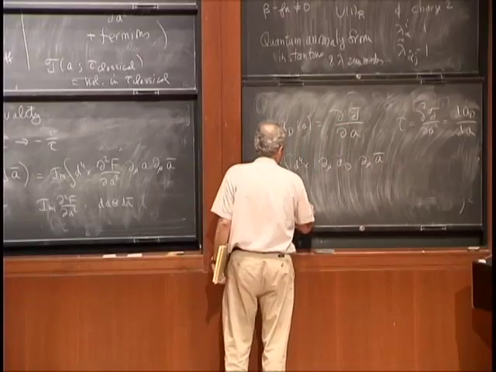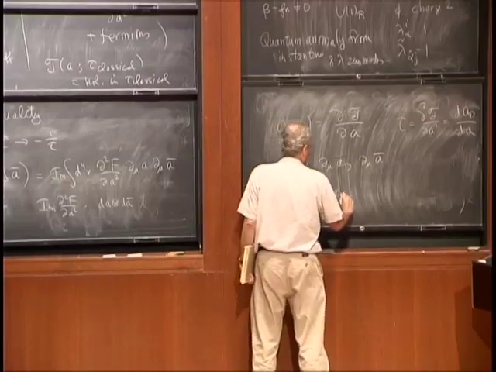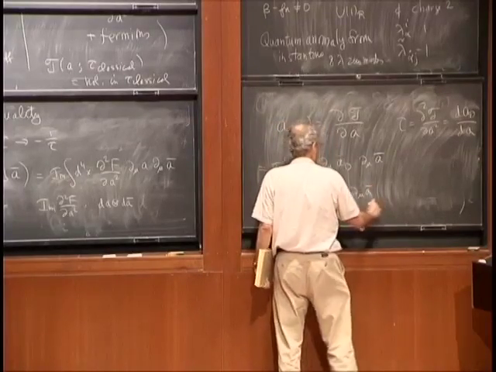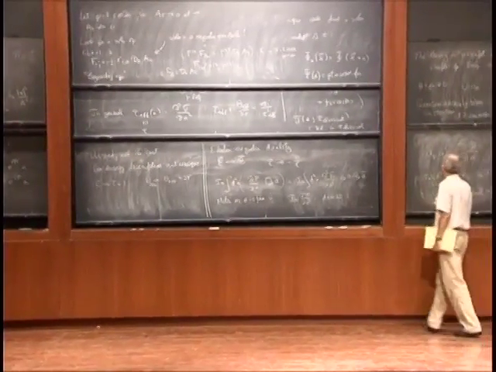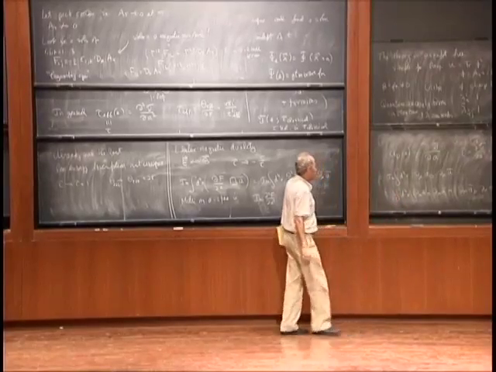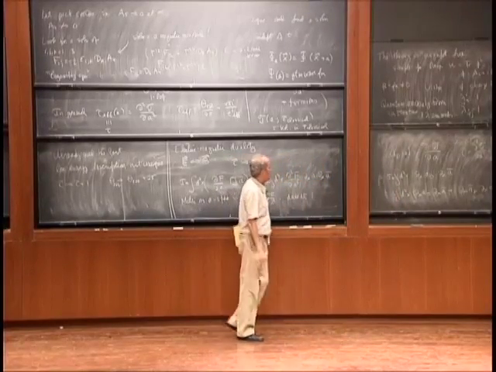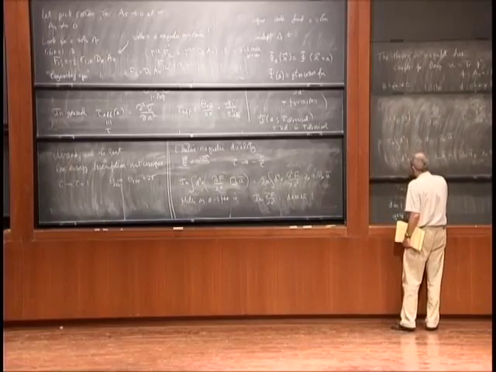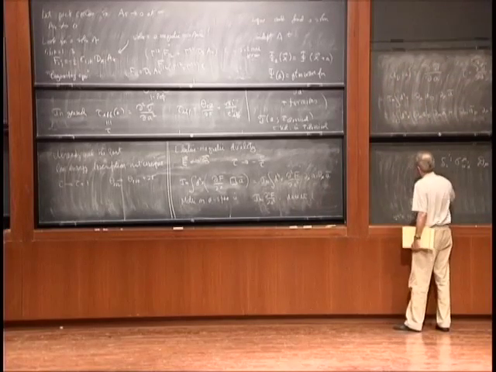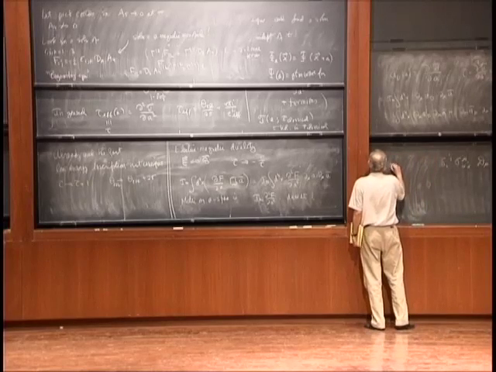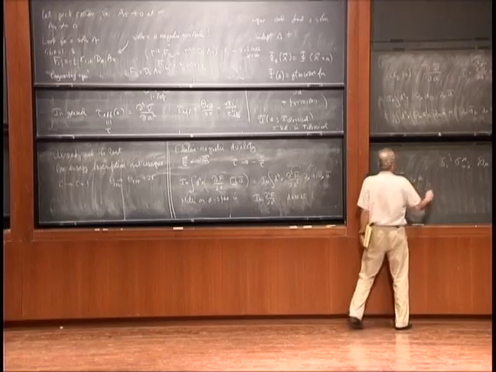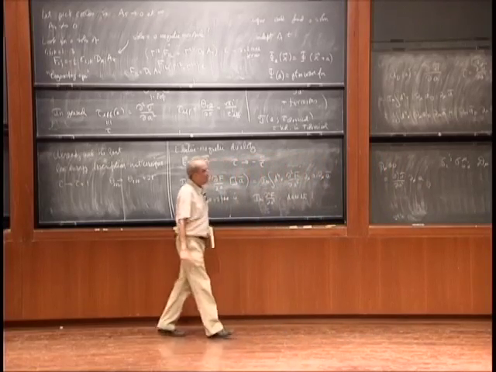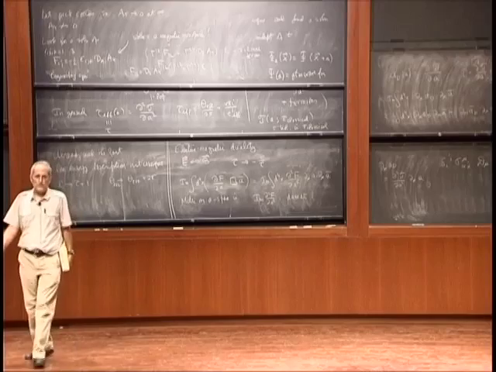Or if you want, you can write it as integral d4x d mu A dual d mu A bar. All I've done is to use the chain rule, the fact that in view of the definition of A dual, d mu of A dual is d2f dA squared times d mu A. So we got rid of f at the cost of having this unknown function A dual in there.